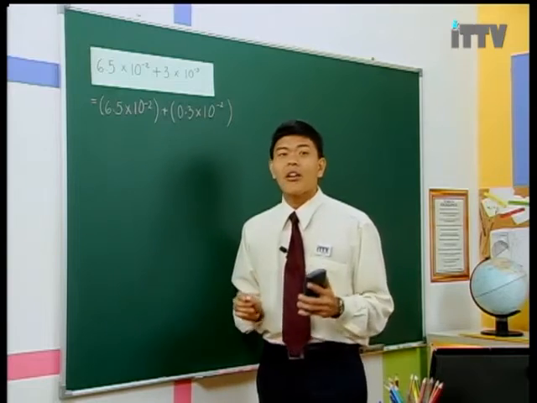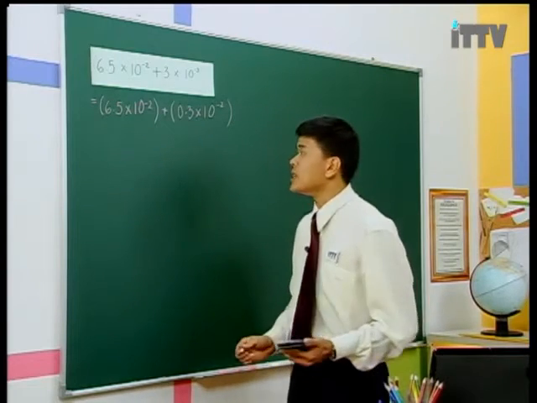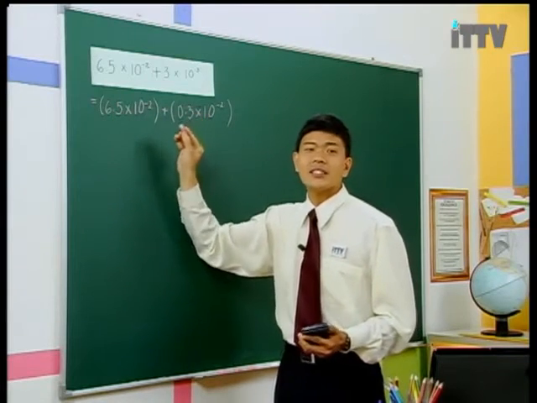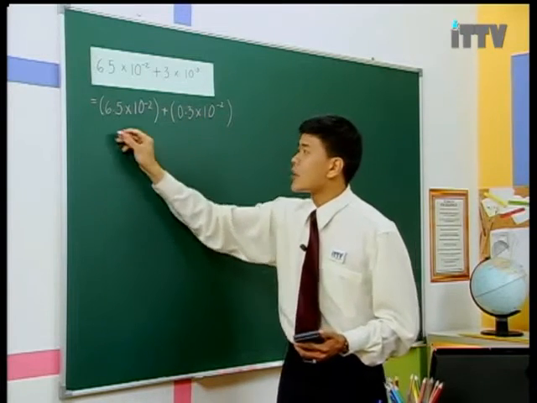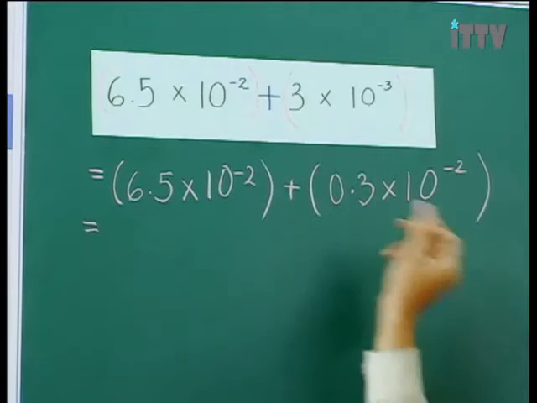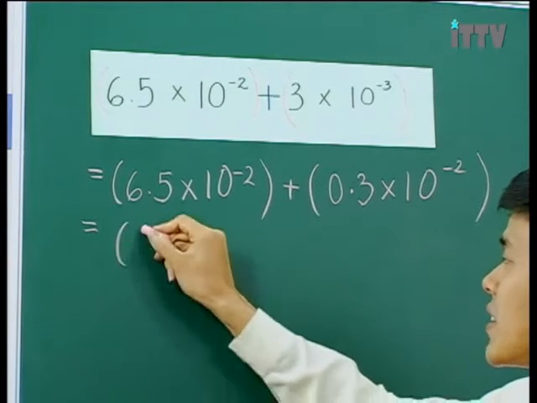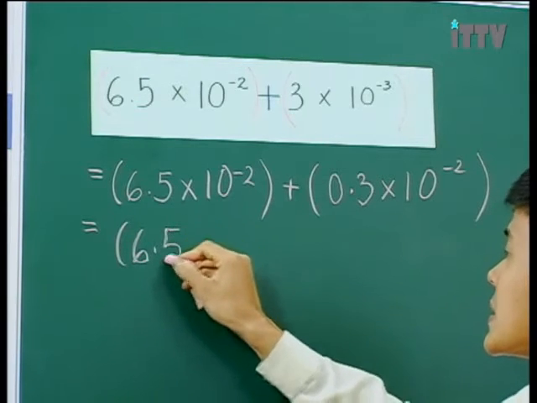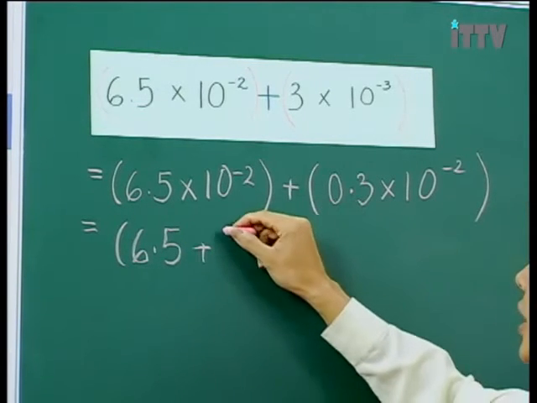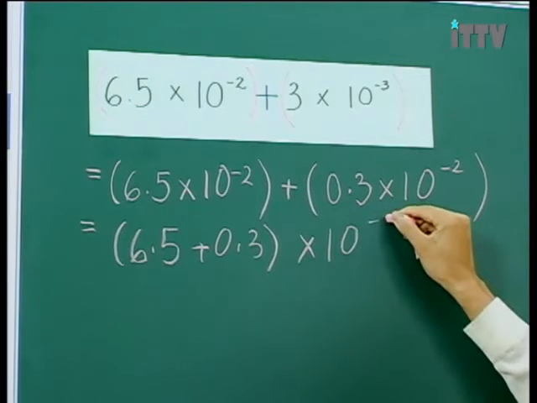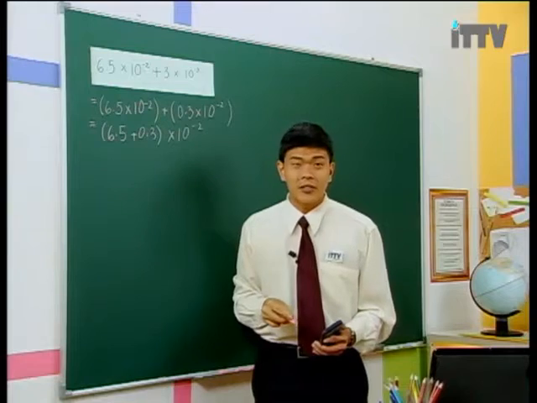Next, factorize. And what does it mean by factorize? Factorize means we factorize the numbers, and this can only be done once the index has been standardized. Once it is done, factorize. Take out the two numbers, and because the index is already the same, it is by itself there.